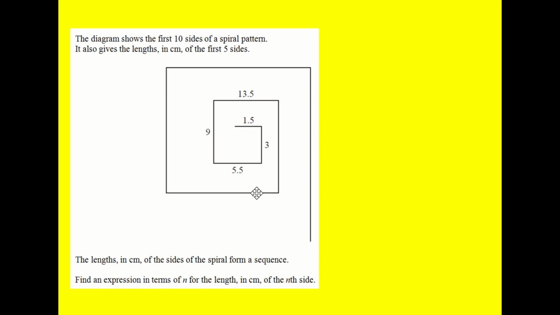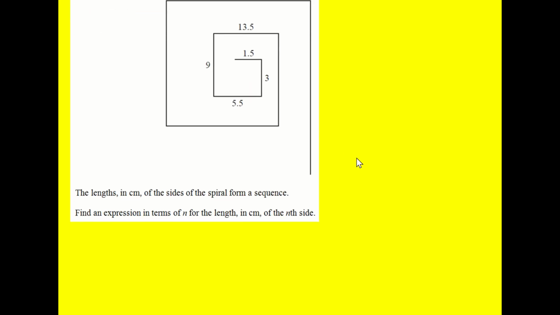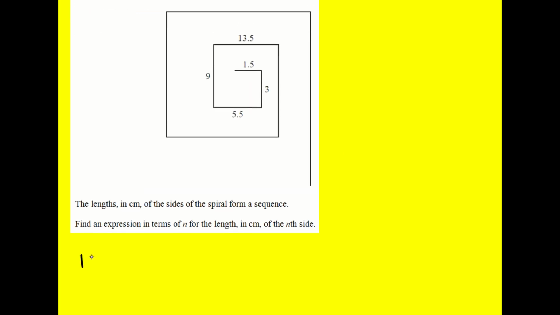So it's drawn 10, but it's given us the distances of the first 5. How is this different? Let's find out. I've got my terms of the sequence: 1.5, 3. Looks like it's doubling, but then no, it's not. I guess we're dealing with a quadratic sequence where we've got some decimals in there.